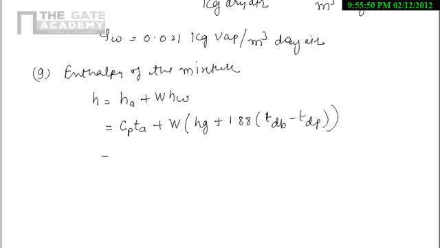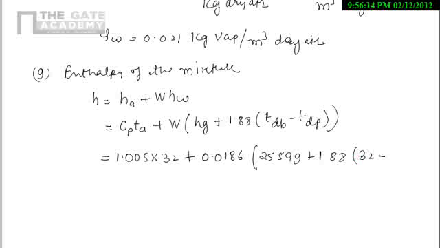So now Cp we know 1.005, TA that is 32, plus W we are having 0.0186, Hg that is 2559.9, sometimes we are taking 2500.9, plus 1.88 times 32 minus the dew point 24.1.